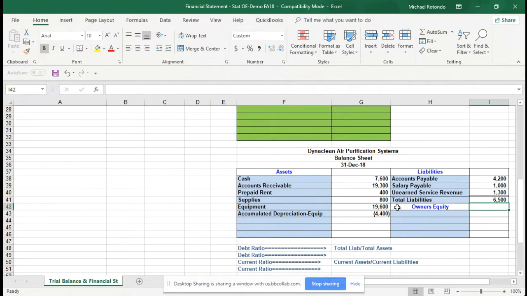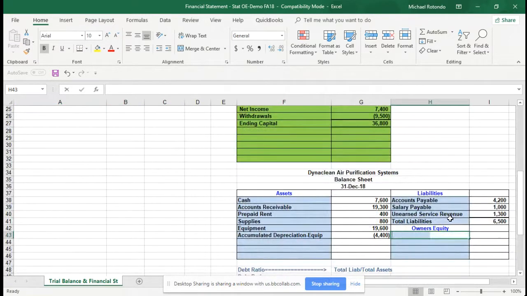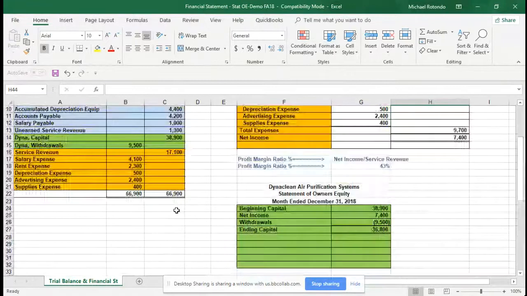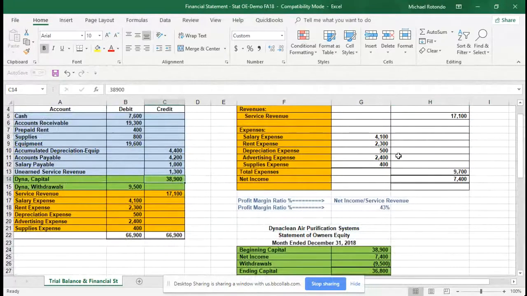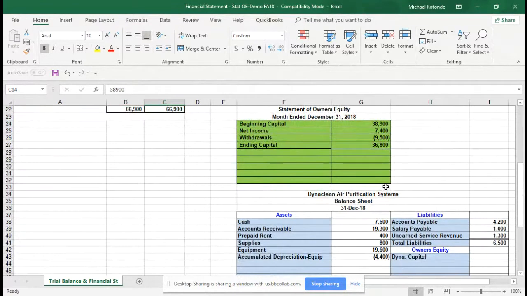Okay. Now our owner's equity is going to consist of the Dyna Capital account. Remember, we're not going to take the capital from here. We're going to take the new capital that we calculated on our statement of owner's equity. Okay, so this new capital of $36,800 is the capital that will carry over into the next period. Okay.